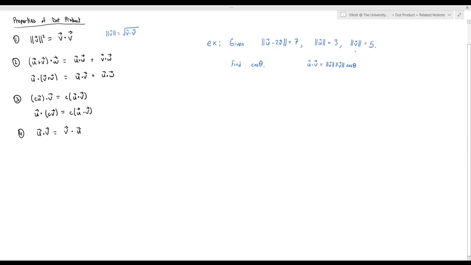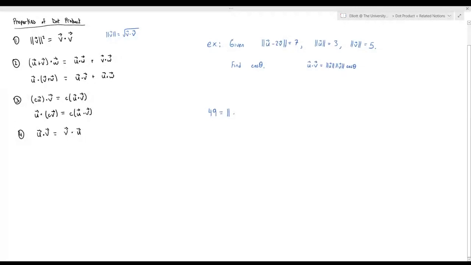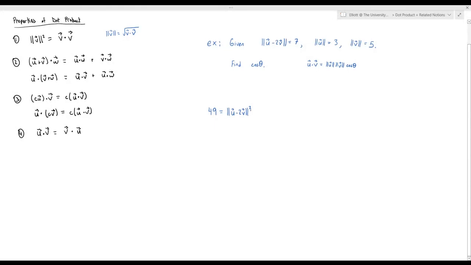I'll spell it out so you can see how that works. We have this information, and what I'm going to do is square both sides of this equation real quick. So 7 squared, 49, is equal to the norm of u minus 2v squared. Why did I do that?